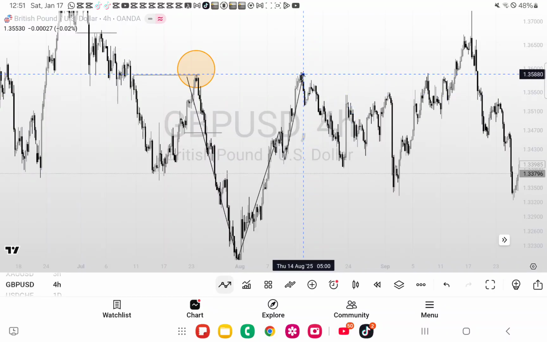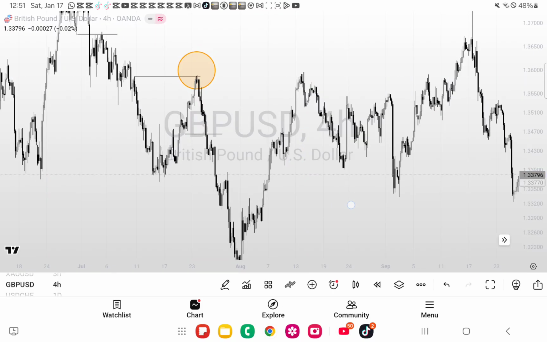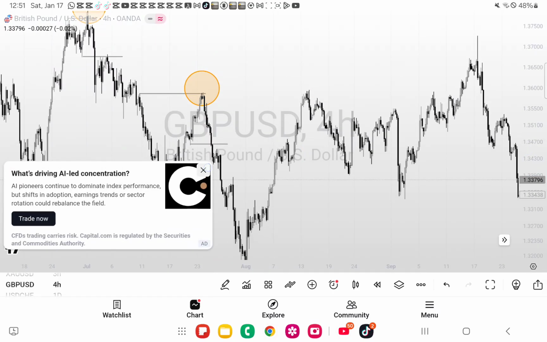Everything happening in this range is internal structure. These are all internal structures.